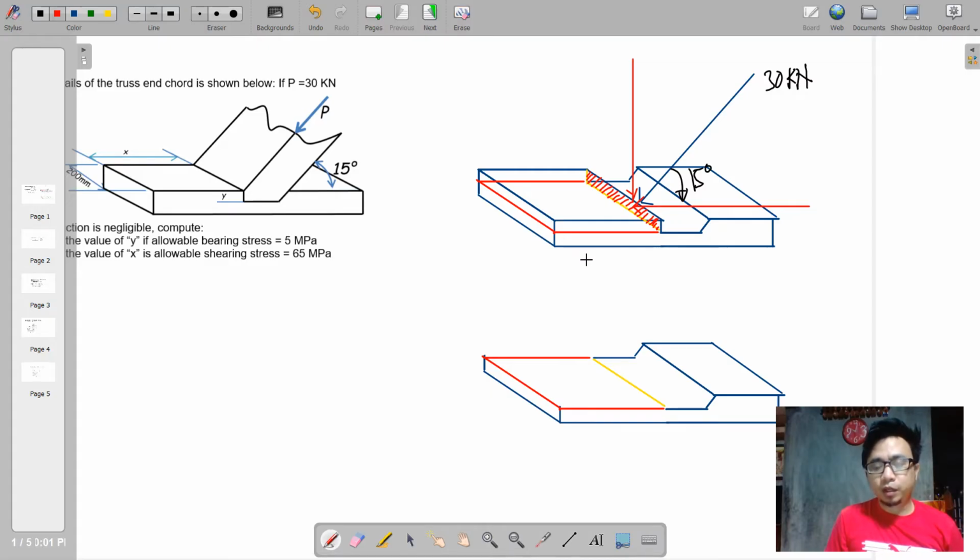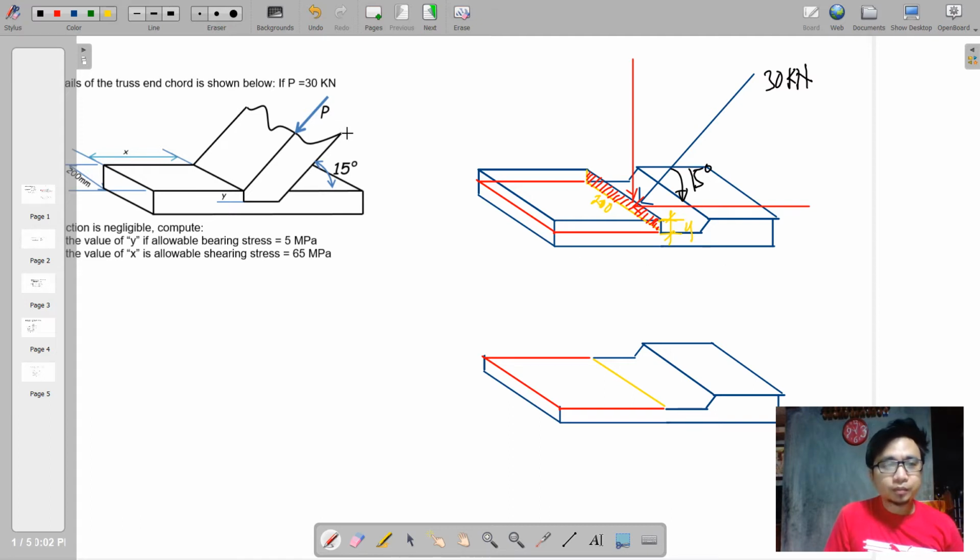When we say contact, we have a bearing stress. So we're going to apply the bearing stress formula to come up with the value of y, the y dimension. Of course, the width is 200. That is one effect of this horizontal component of 30.